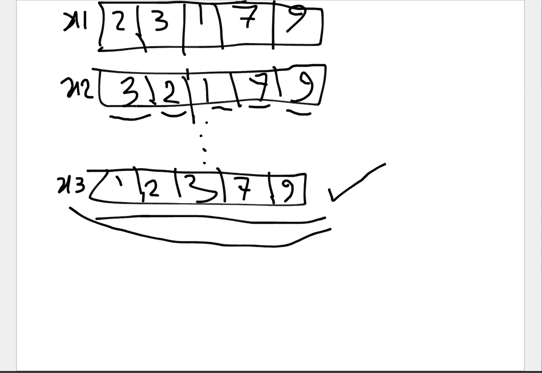I want to ask you, what is the fitness of this problem? Which of the elements x1, x2, and x3 is the best? You know x3 is the best. But from x1 and x2, which one is better?